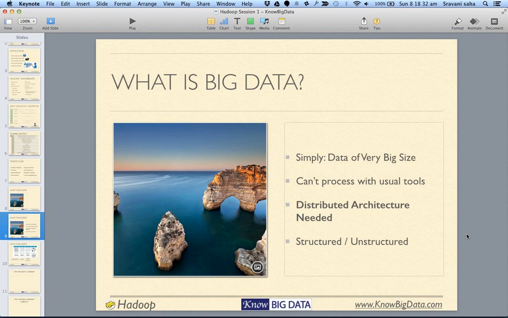A system which runs in parallel on multiple machines to solve your problem. That is a distributed architecture. So if, for data of huge size or because of some other reason, you end up having a distributed architecture, that means you are dealing with big data.